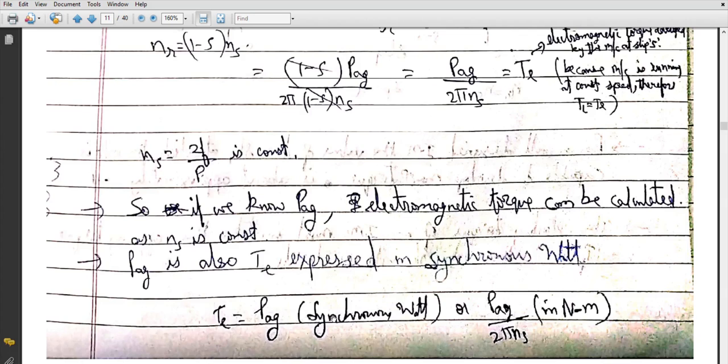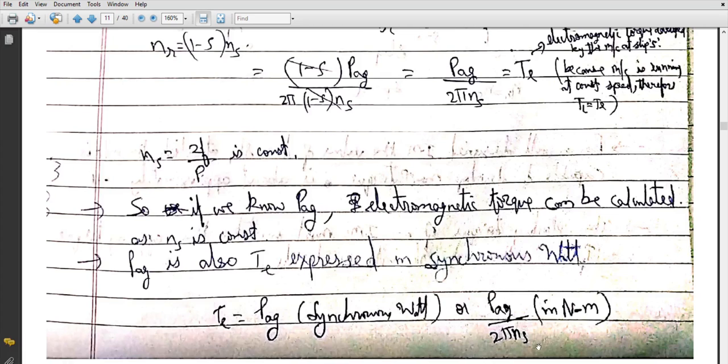Suppose somebody asks you to find the electromagnetic torque in synchronous watt, then there's no need to divide by 2 pi ns. Directly PAG is also a measurement of electromagnetic torque, but that unit will be synchronous watt. If you want electromagnetic torque in Newton meter, then divide PAG by 2 pi ns.